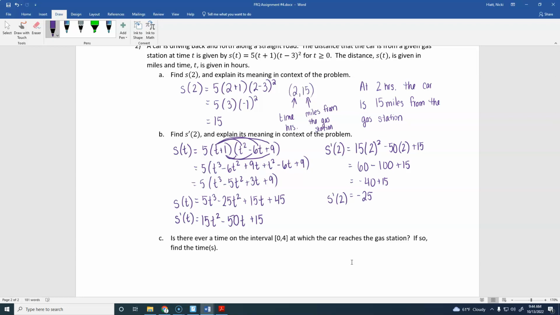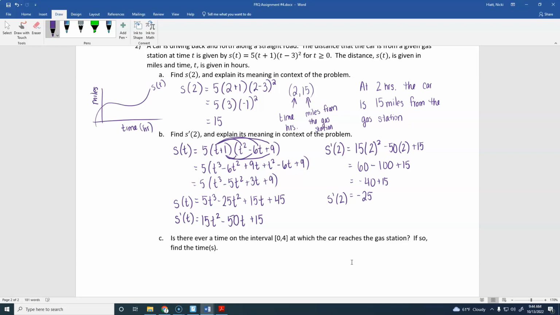Okay, so when we have S prime, what is that giving us for this car? It's going to be velocity, right? Because whatever S looks like, time is here in hours, and you got miles over here.